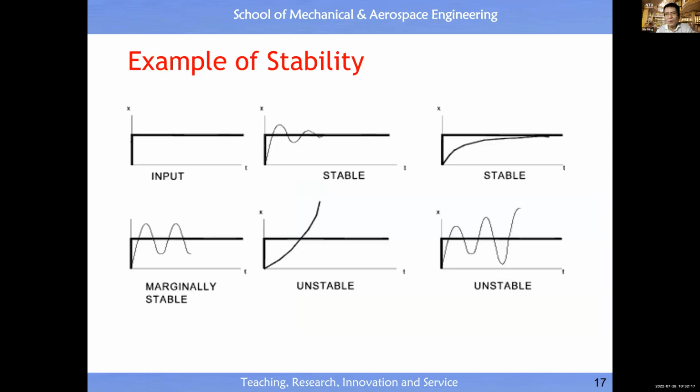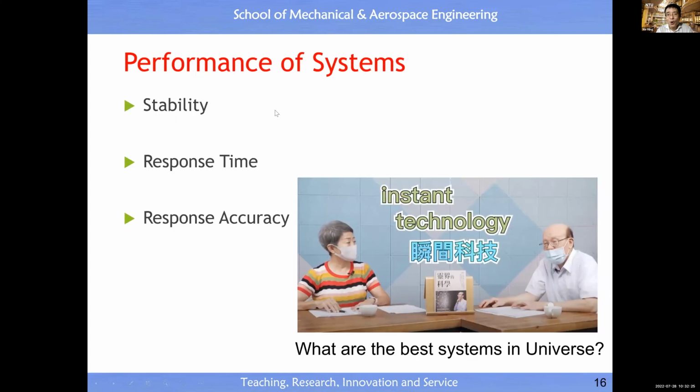But the bad news is what? Most systems in the universe are dynamic systems with a transient response. For those of you who are interested in religion, you see, this is an instant technology. This is a former president of Taiwan University.